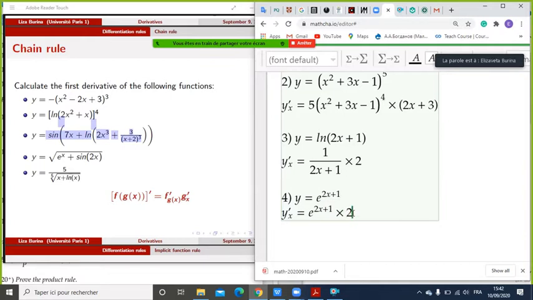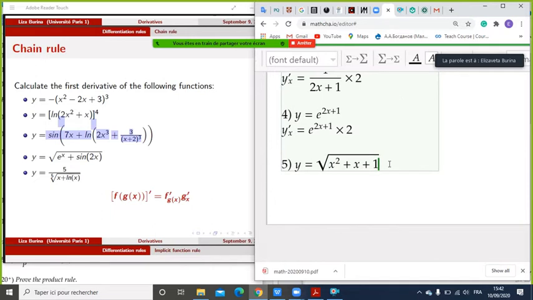And what else? No, I have with powers, but logarithm, exponent, square root. Okay, so y is equal to square root of not just x, but of x squared plus x plus 1. Ooh. So here, the outer function is a square root.